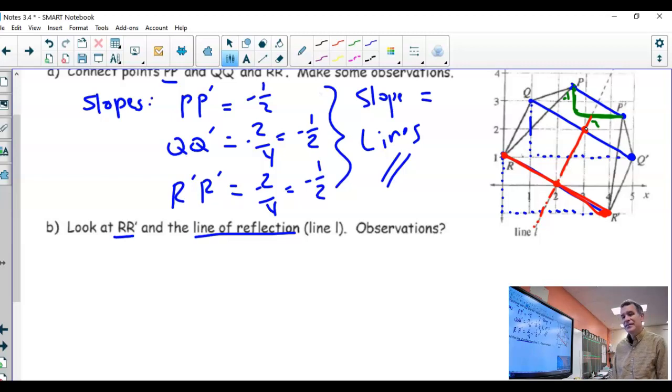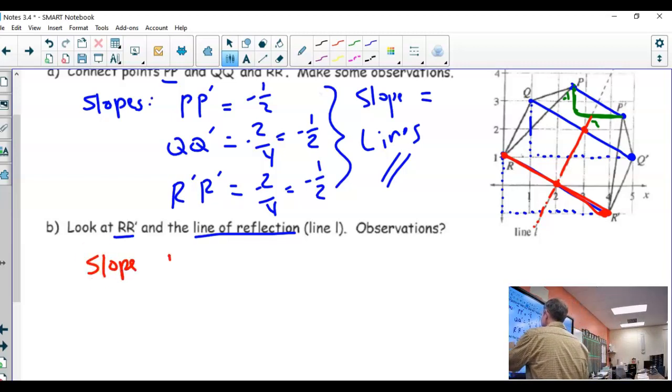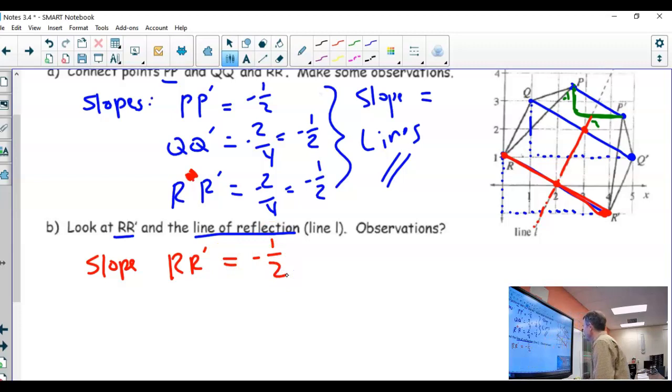And how can I check and see if they're perpendicular? By checking the slope, right? So again, I'm going to be doing the slope of R prime. I see I shouldn't have had a prime on that. And that, we already know that's -1/2. We just did it in the last problem. How about the slope of line L? So line L has a point here and a point here, and it looks like I am up 2 over 1.